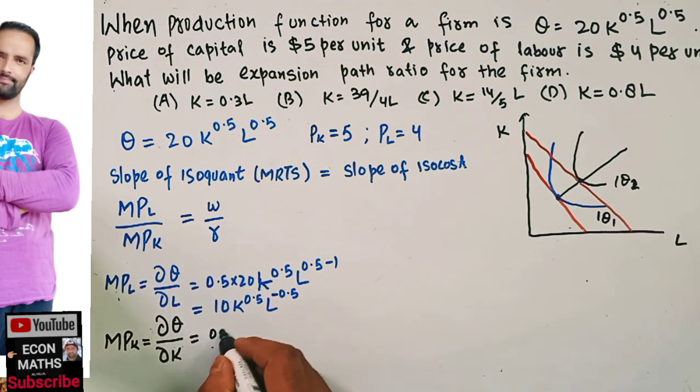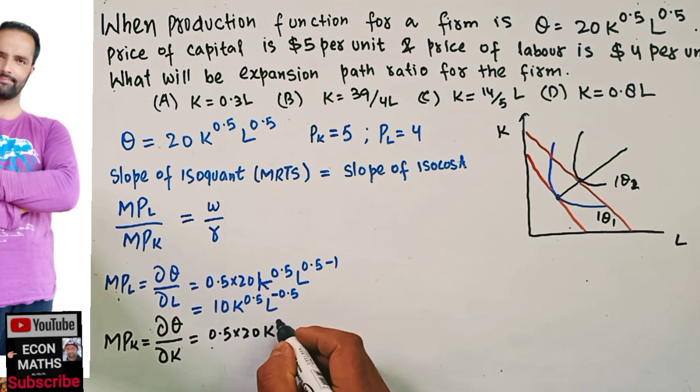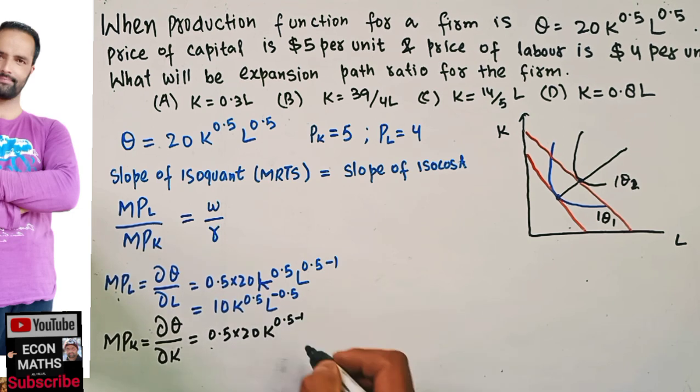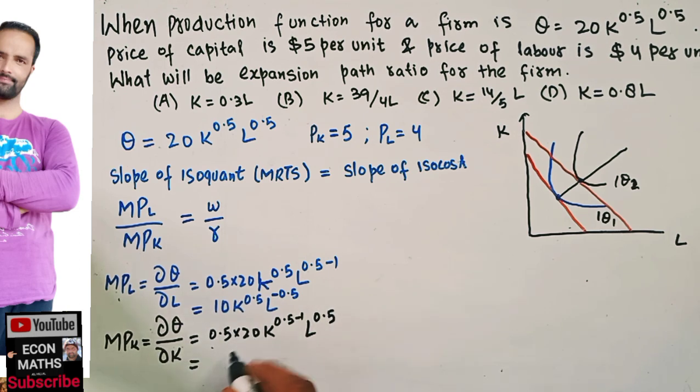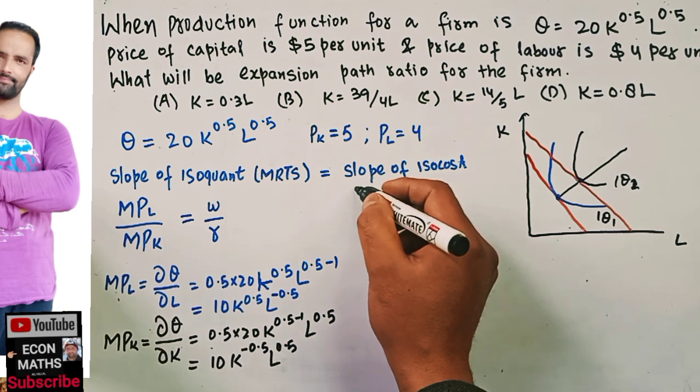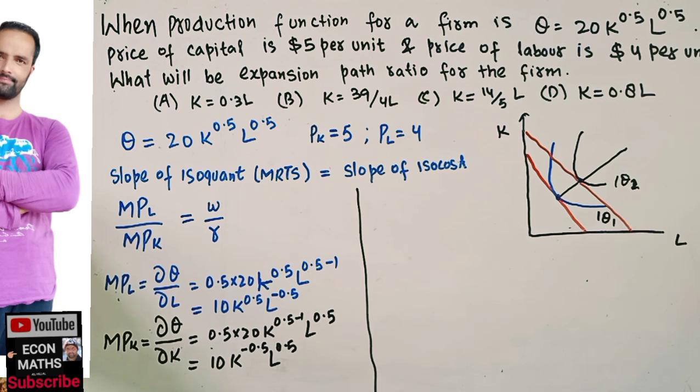So we have 0.5 into 20 K to the power 0.5 minus 1 by the power function rule, and we have L to the power 0.5. Solving again, 0.5 into 20 means 10 K to the power minus 0.5 and L to the power 0.5. I hope I'm making myself clear.